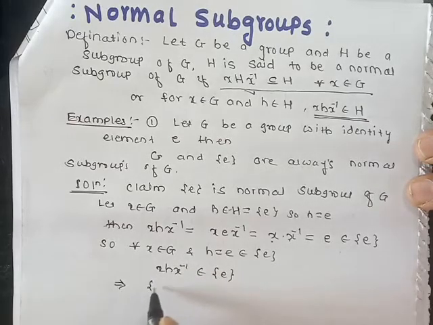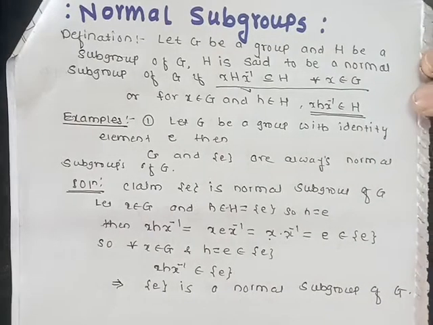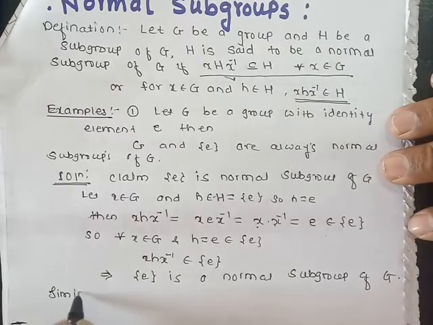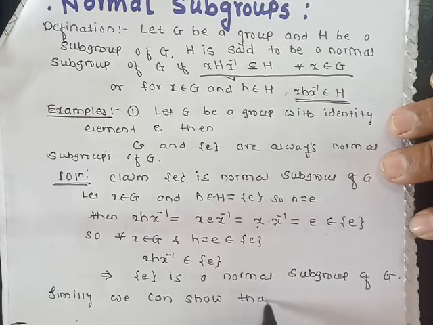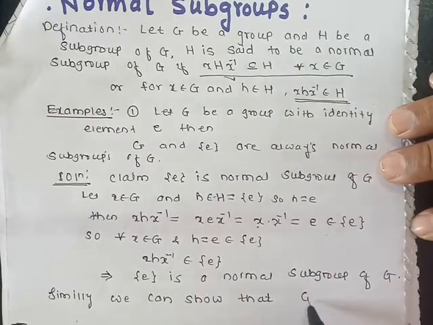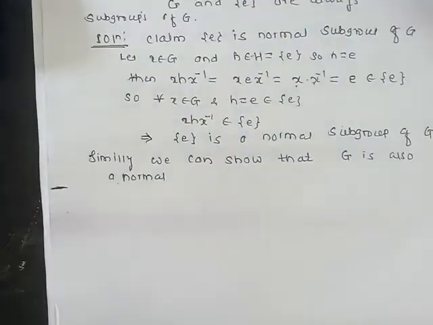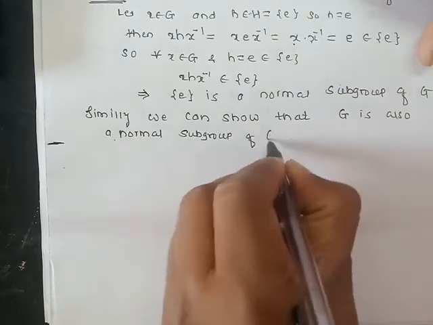This implies that singleton {e} is a normal subgroup of G. Similarly, we can show that G is also a normal subgroup of G.